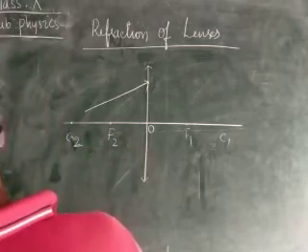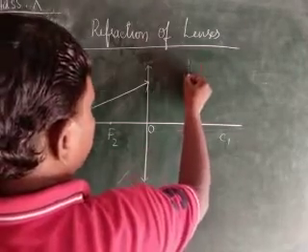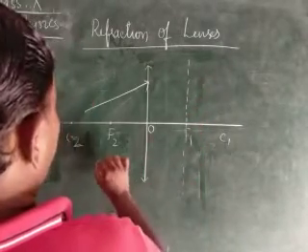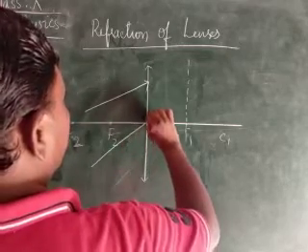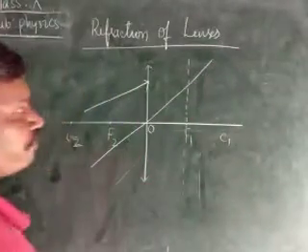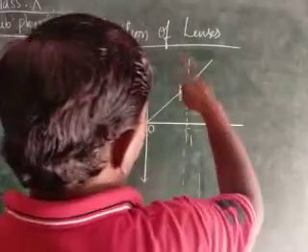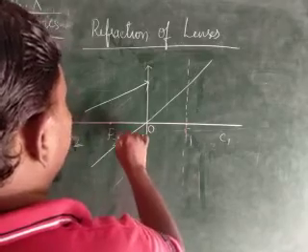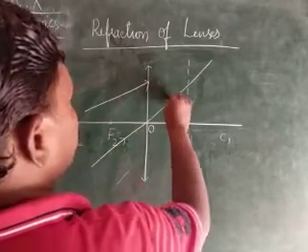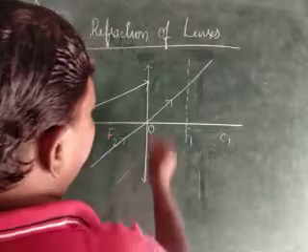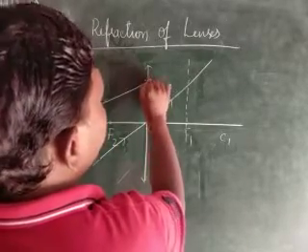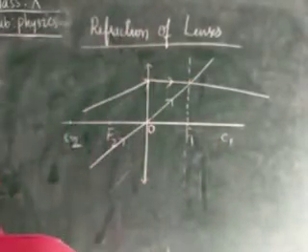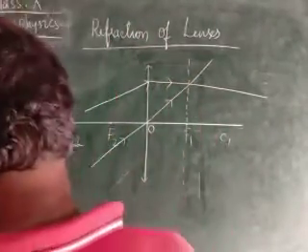First you should draw a perpendicular line at the focal point. After that, draw a line which touches the focal plane. The light ray passing through the optic center is undeviated. From here you draw another line like this.